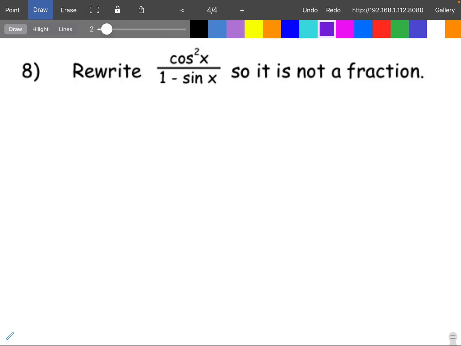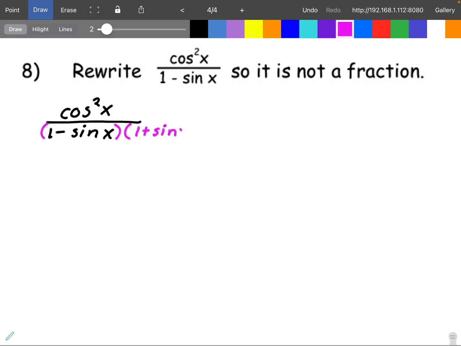And there are actually 2 ways to do this, so I'm going to show you both. So let's start with this one. We're going to take our cosine squared x over 1 minus sine x, and we are going to multiply by the conjugate. So the conjugate of this is 1 plus sine x, so I have to also multiply by that on the top.